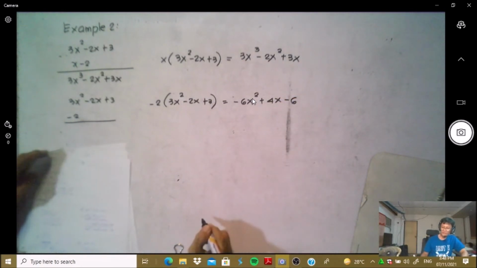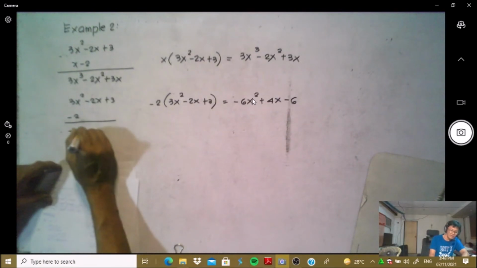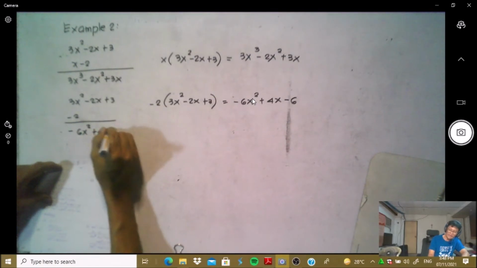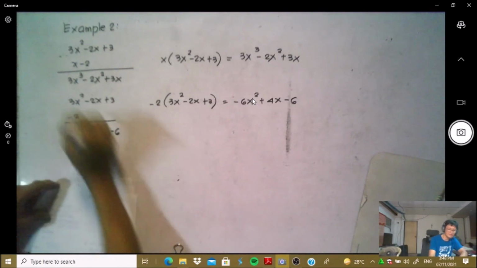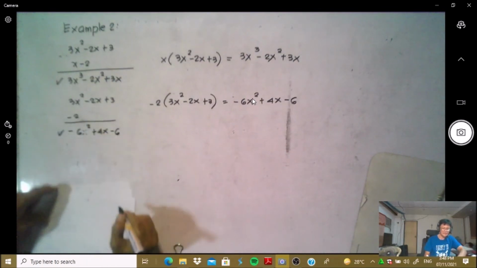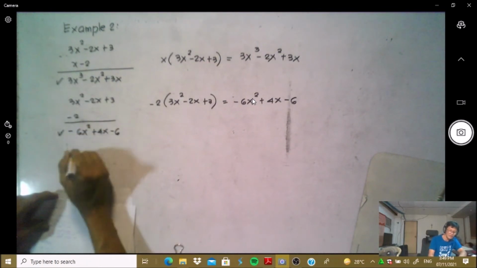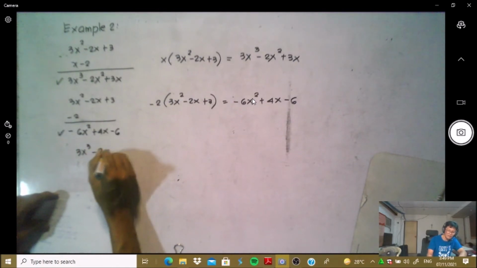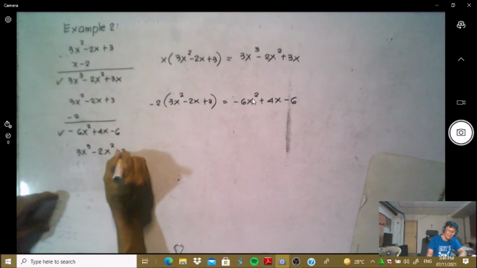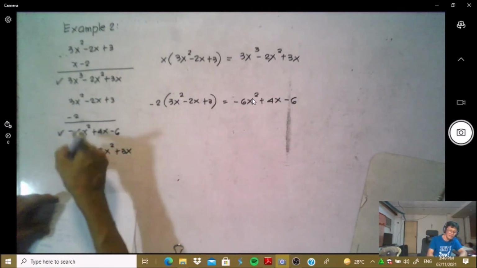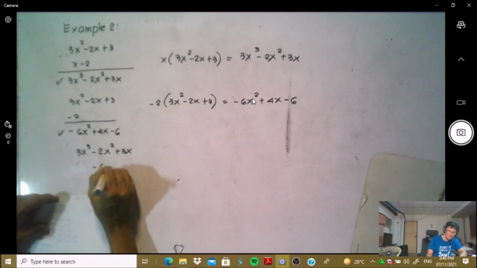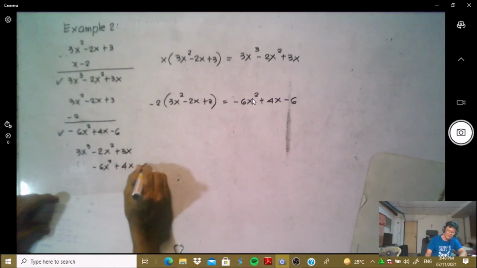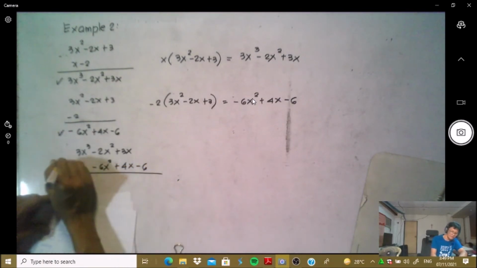Okay, then let's add these two products. So we have 3x cubed minus 2x squared plus 3x. Then let's add this one. So we have negative 6x squared plus 4x minus 6.